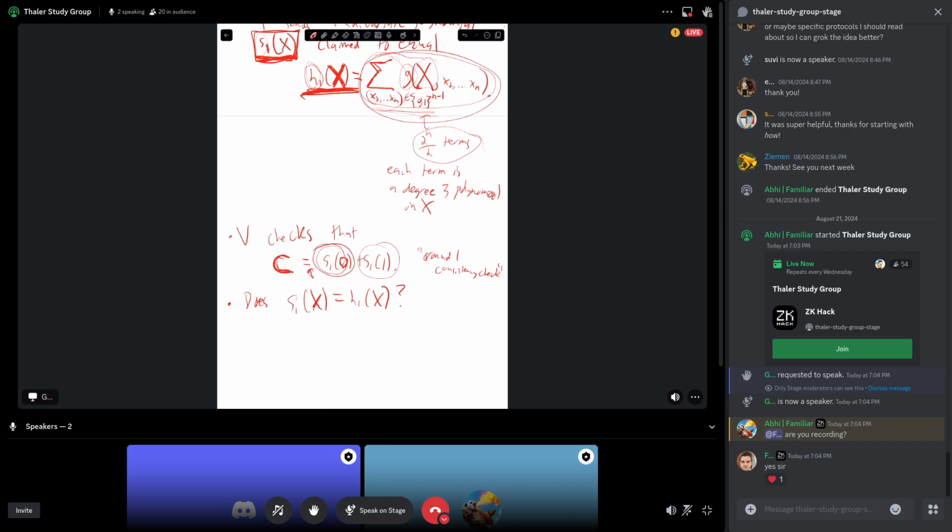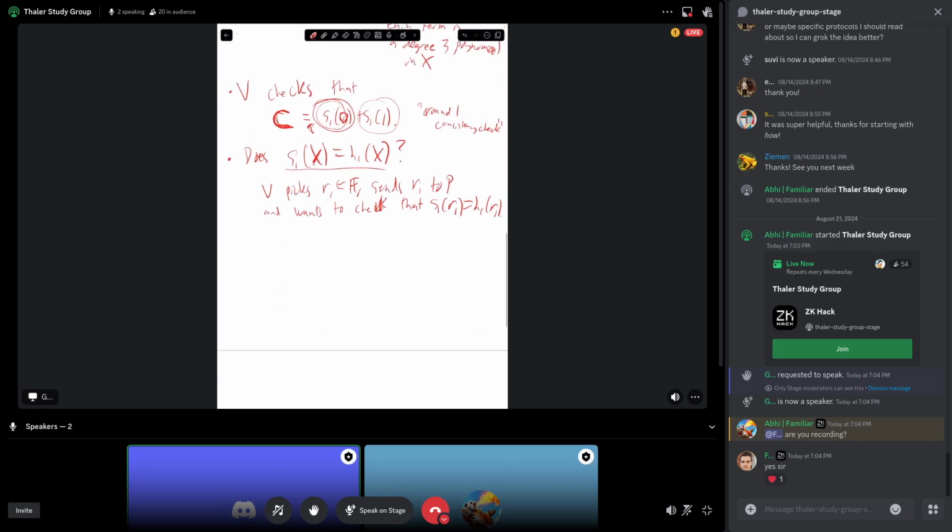So if they happen to agree at the random point picked by the verifier, then the verifier has a lot of confidence they are in fact the same polynomial. So to do this check, the verifier picks R1 at random from the field, sends R1 to the prover, and wants to check that S1 of R1 equals H1 of R1.